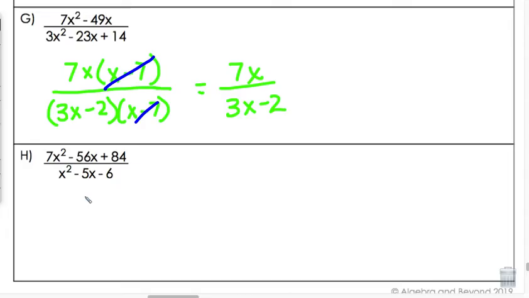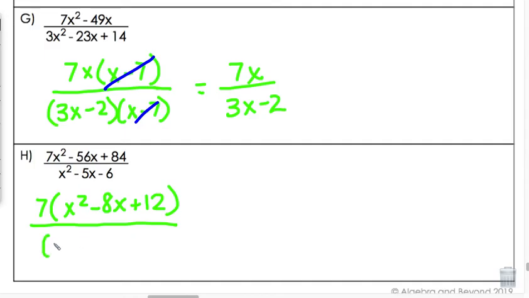Again, we're going to factor. So in the numerator, first I can factor out a 7. So I'm left with x squared minus 8x plus 12. And in the denominator, I can go ahead and factor right away to give me x plus 1 times x minus 6. Okay, but I still have some more factoring to do in the numerator.